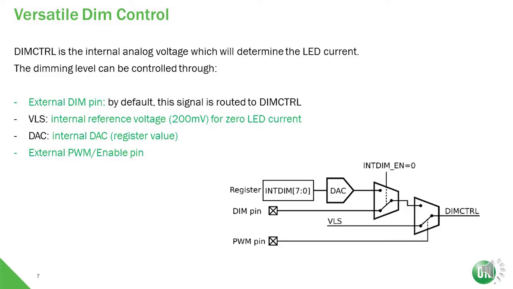Another possibility is through an internal DAC, which is controlled by a register value, meaning the external MCU can control the dimming level in a digital way. Lastly, there's an external PWM or enable pin, which enables toggling between the dim level on the dim pin and zero level. This also facilitates the visible light communication.